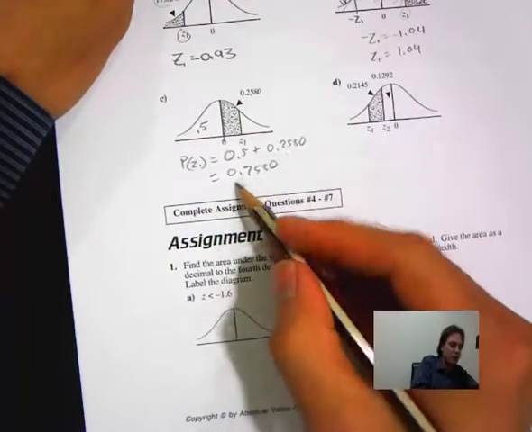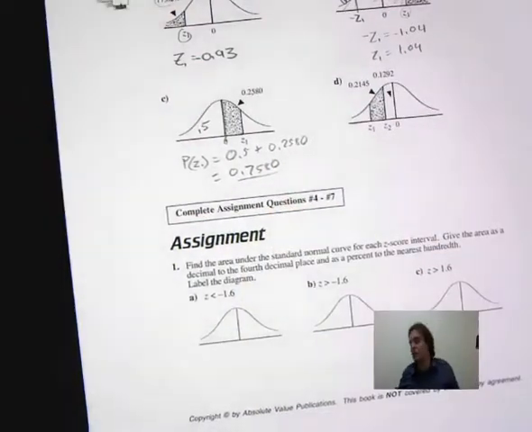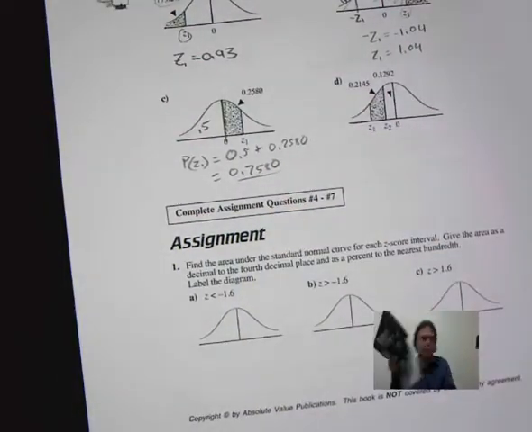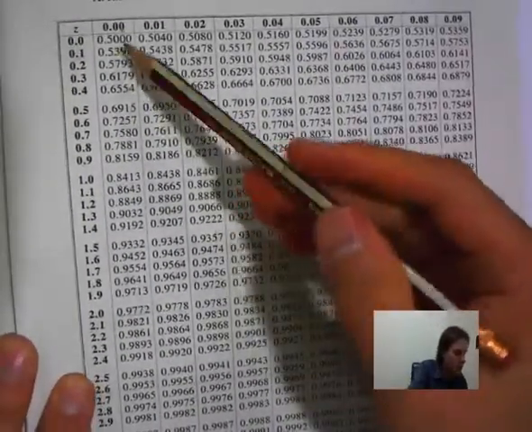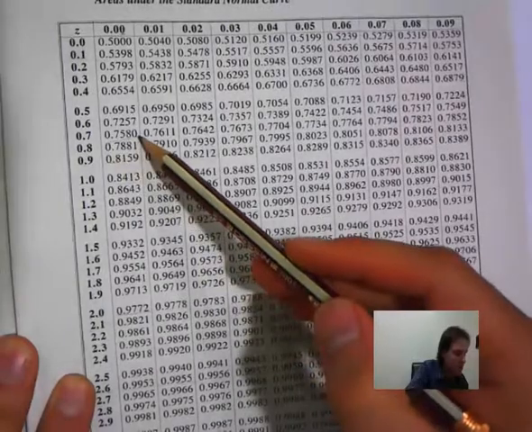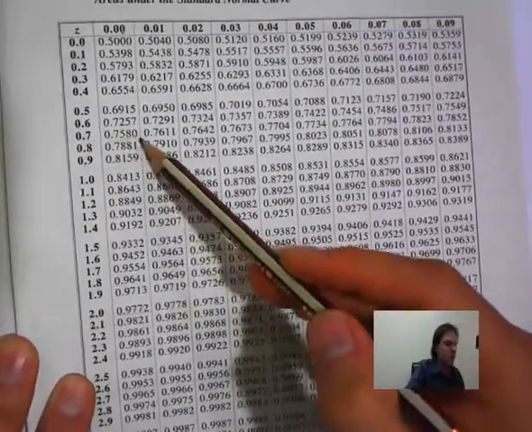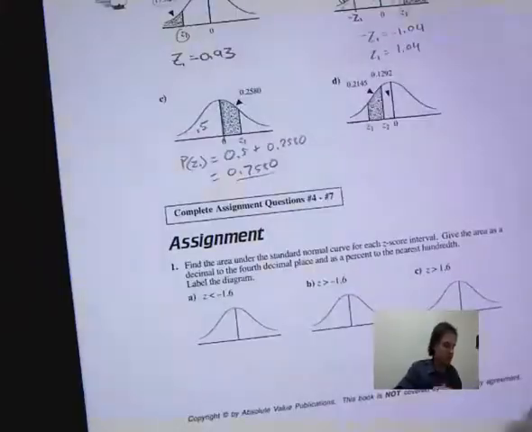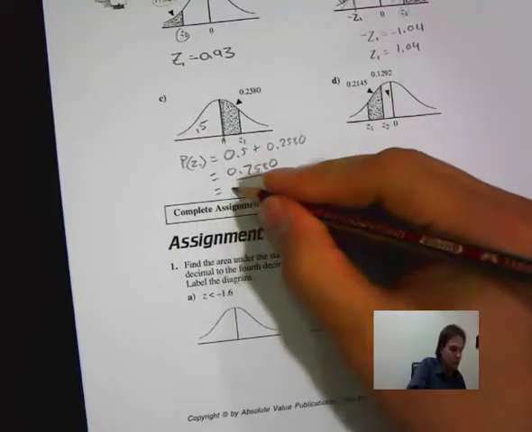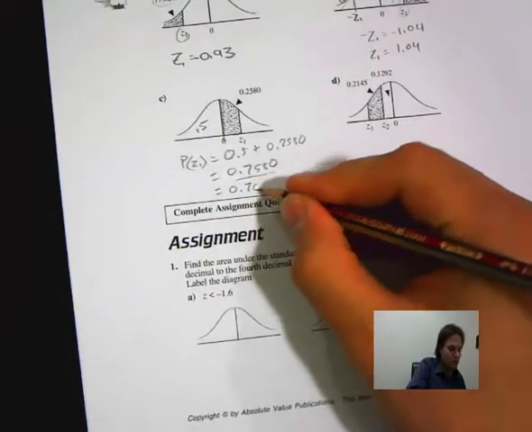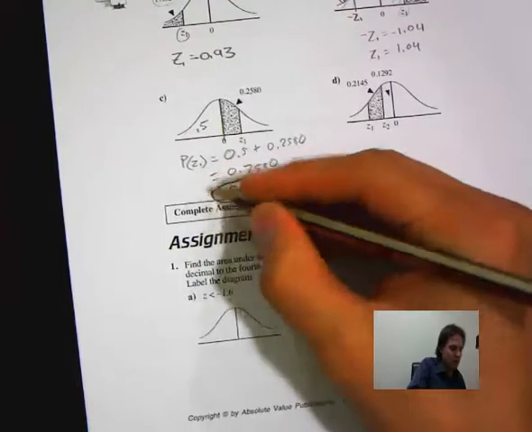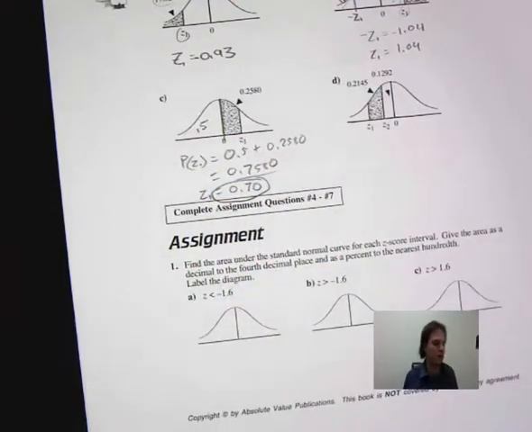So now I have to look up that in my z-score table. We want 0, and we know it's positive. 0.7580 is 0.700, right there. And that is my z-score. Z1 is equal to that.